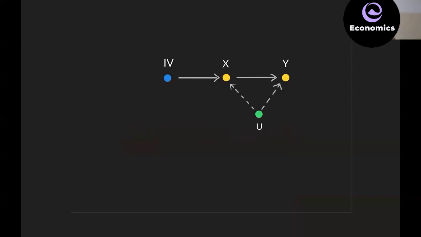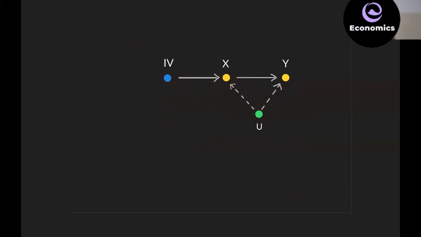The idea is that if you have some sort of variable that only affects X, the variable that you really want the causal impact of, but not anything else. And the IV itself is uncorrelated with other unobservables, and its impact on Y is only through X. Okay, so go back to our previous example.